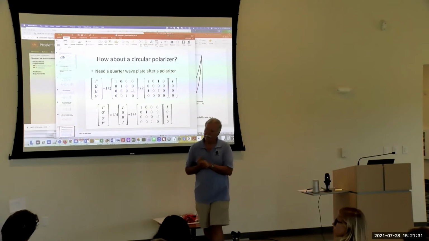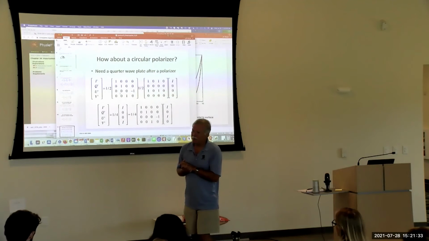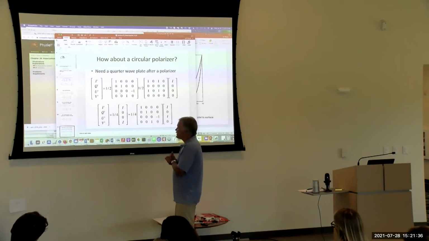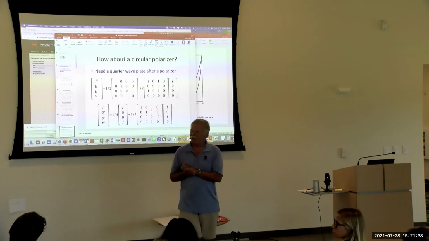Can you go through the terms in that quarter wave plate matrix? Did I describe why it looks exactly like that? I don't have a general formula down.